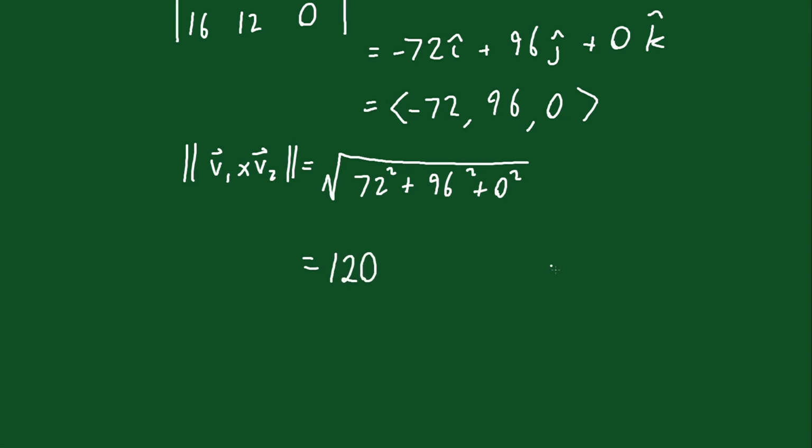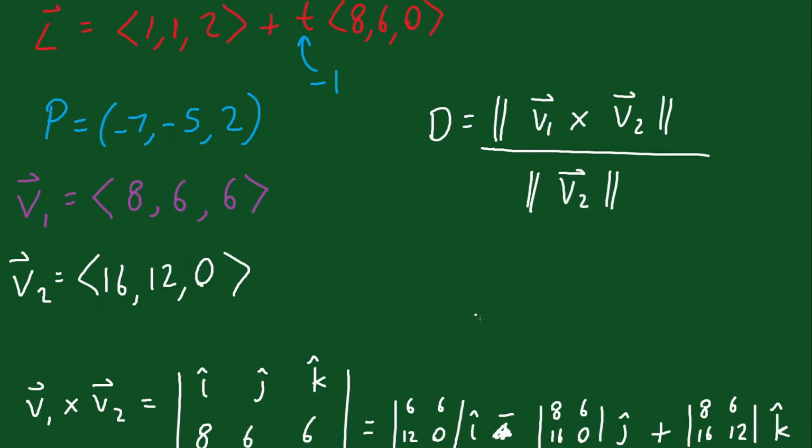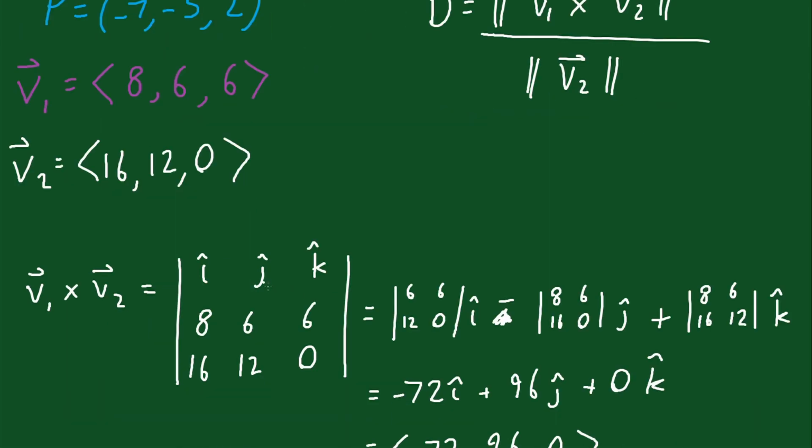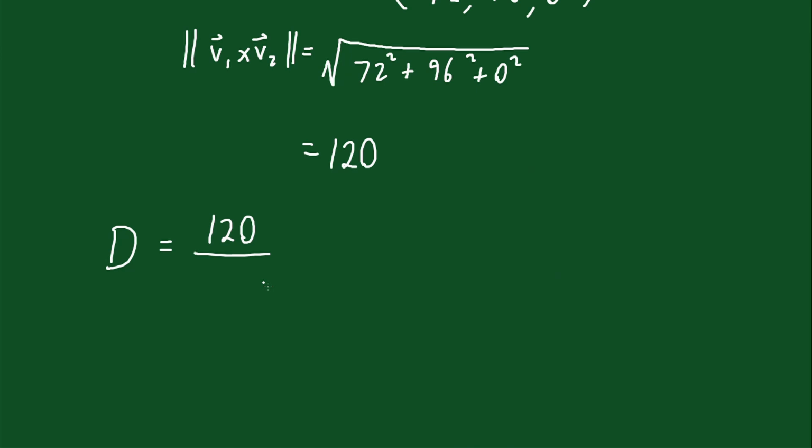Okay, perfect. Now let's look at our equation again. D is equal to the magnitude of the cross product, so 120, divided by the magnitude of vector v2. So what is vector v2 again? Well, vector v2 is 16, 12, 0, right? So we have to find the magnitude of the vector 16, 12, 0.